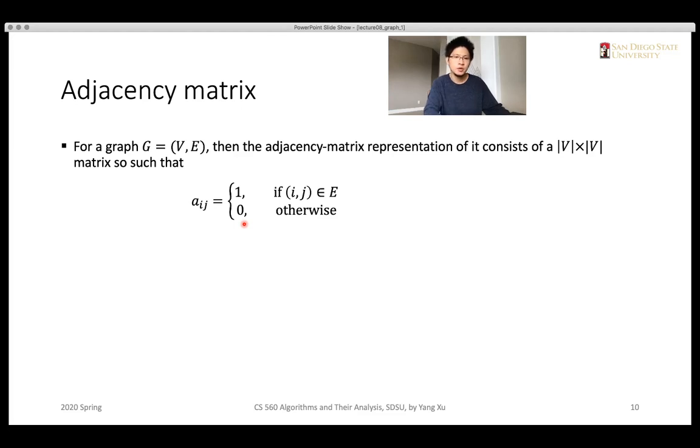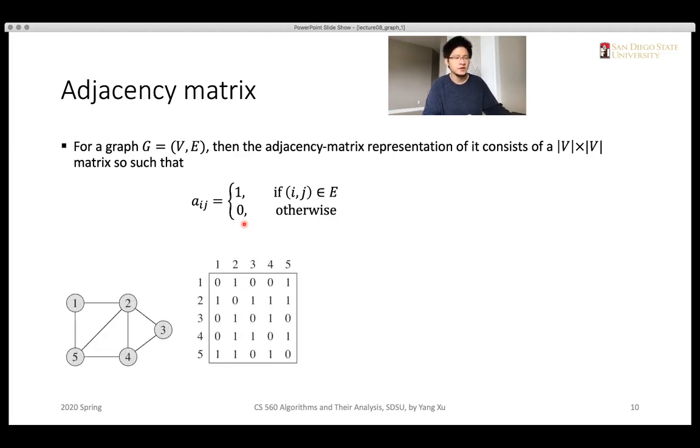Okay, so take this example. If it is an undirected graph, then it has 5 columns and 5 rows. If you look at the first row, the element A1,2 is 1.